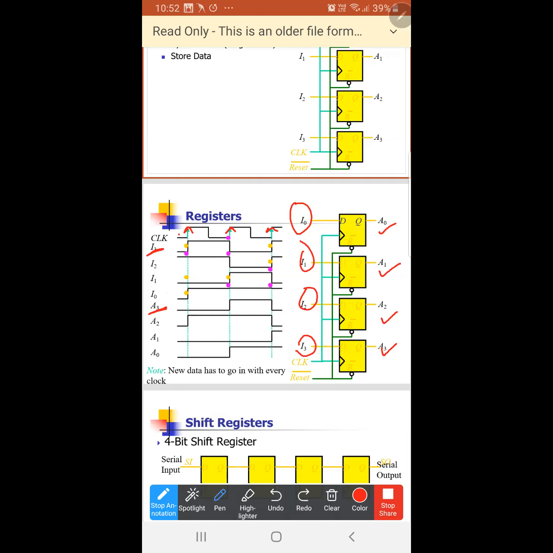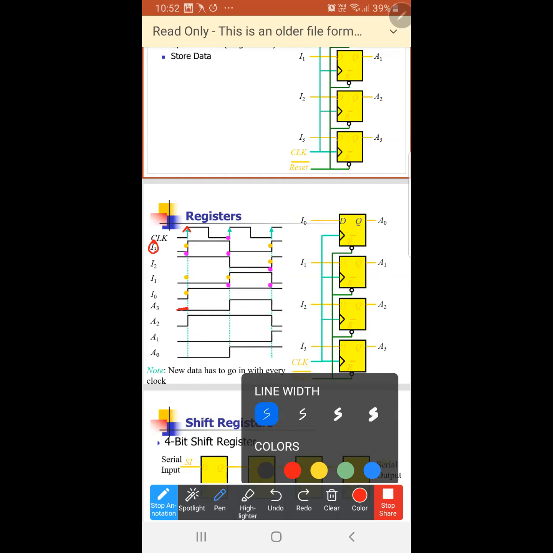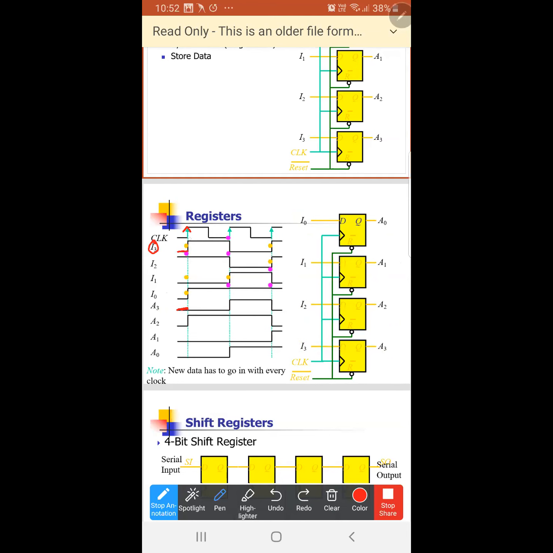Now, before the clock, here is no clock. Before the clock, what will be A3? 0. So that's why here it's 0. Now this is the time where the result will change, so I need to check I3. When I check I3, can you see, girls, the I3 value at the same clock? First it is 0 and then 1, meaning the I3 value is changing at the edge of the clock.